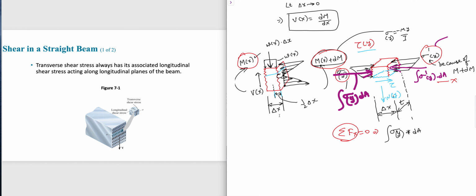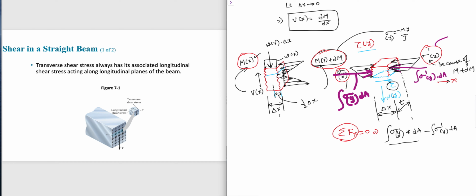When we take the sum of forces in the x direction equal to 0, we get this going right, minus the integral of sigma dash function of y dA, because this is going left. This is positive x, and this force is going left. And what else? If you observe closely, we have a shear, because we made a cut, remember? How much is that?